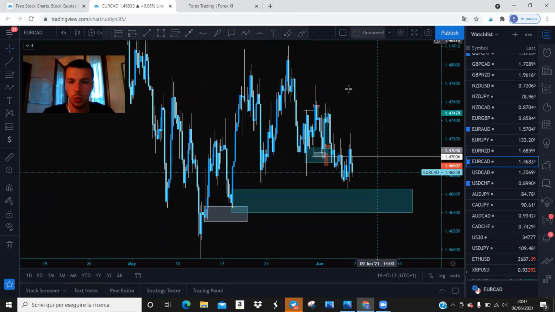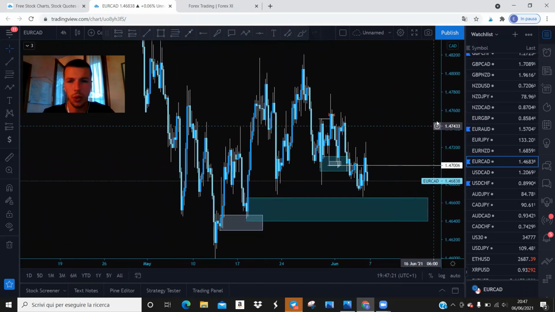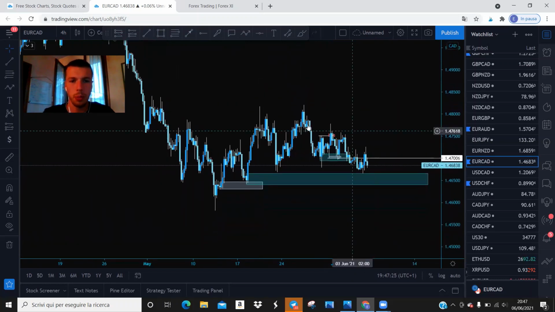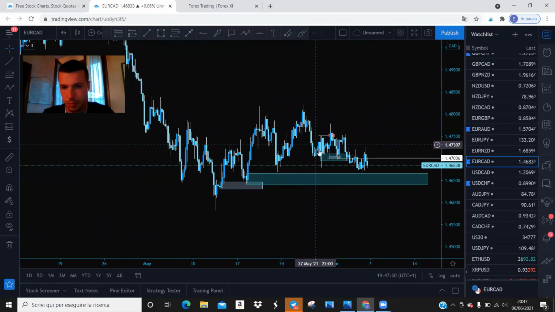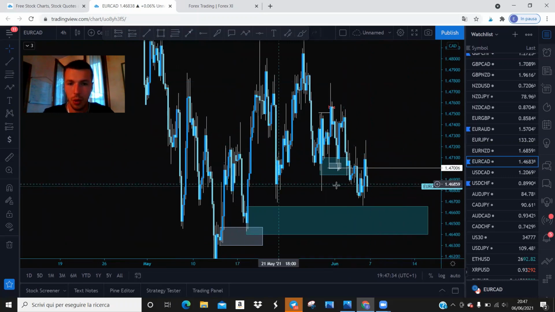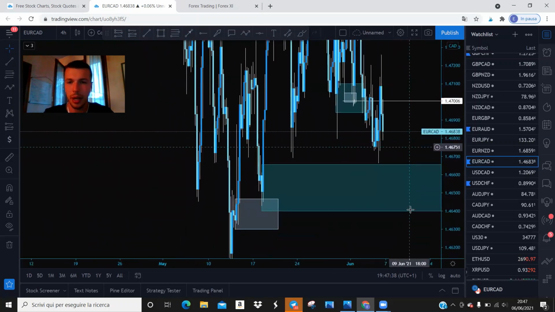EUR/CAD, we need to zoom in a lot. This was a trade that was sent. EUR/CAD, I would say overall bullish. Breakout structure to the upside. Market structure is changing. We are having this pullback. We are grabbing liquidity all below the previous lows, finally touching our demand area.